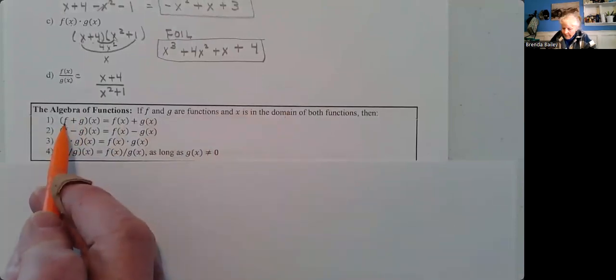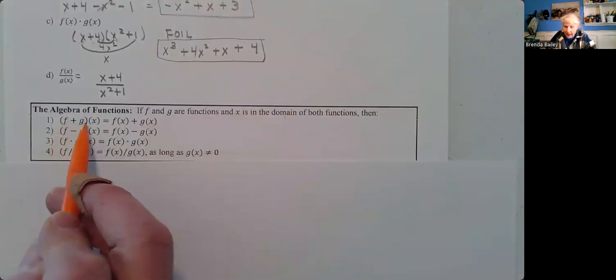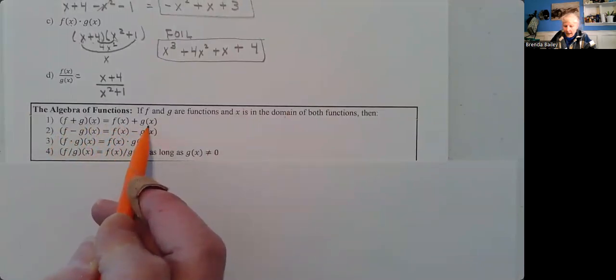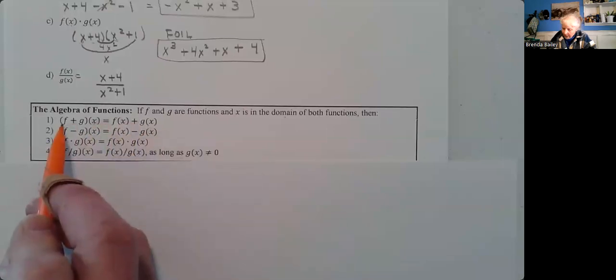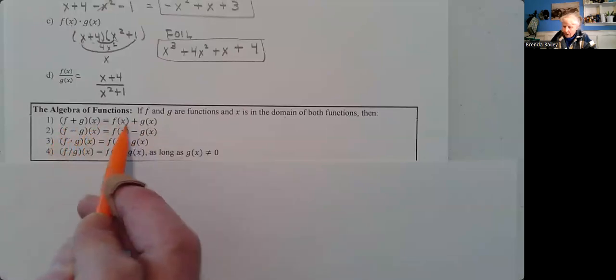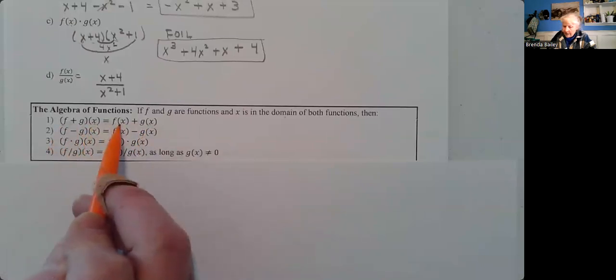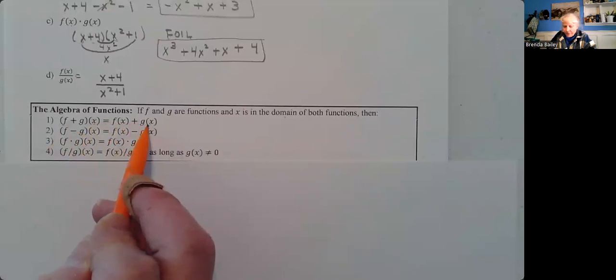This would be read f plus g of x. All right. This is equal to what we did above on the first example on A, f of x plus g of x. So if it's written like this, you can rewrite it like this if it helps to solve it. These two represent the same thing.